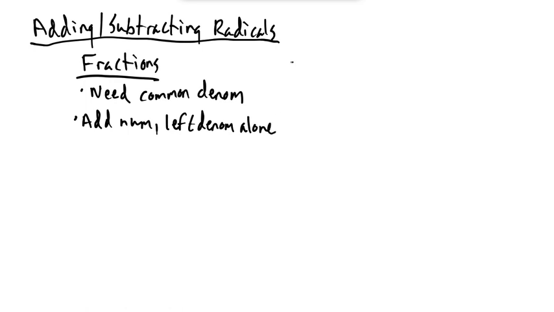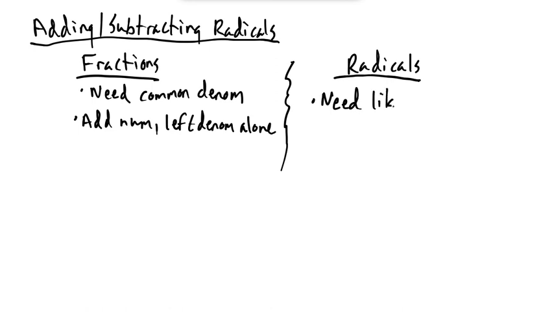Let's look at what the rules for radicals look like. When we're adding or subtracting radicals, what do we do? Well, we need a common radical, or we need like radicals. So we need the numbers inside of the radicals to be the same.